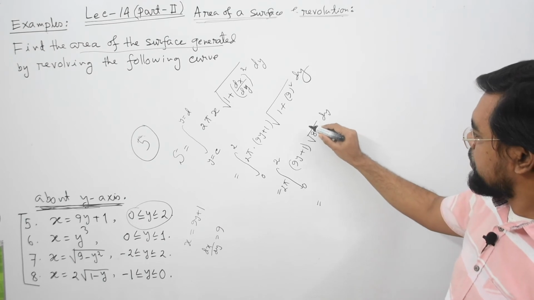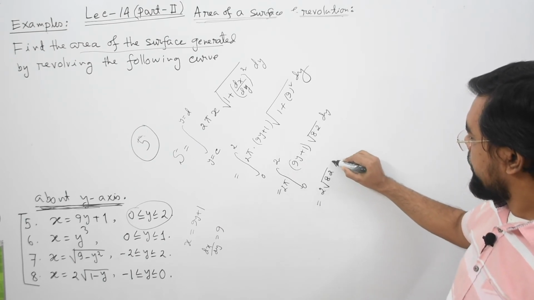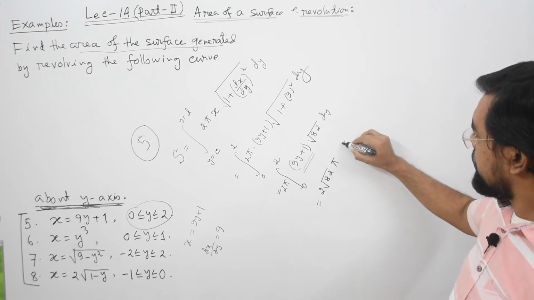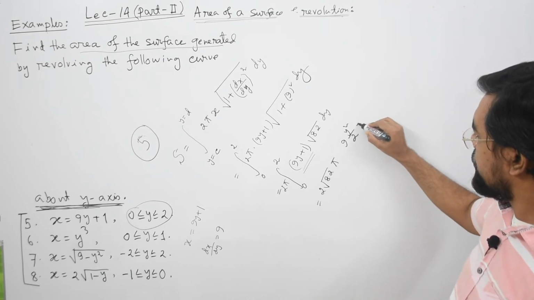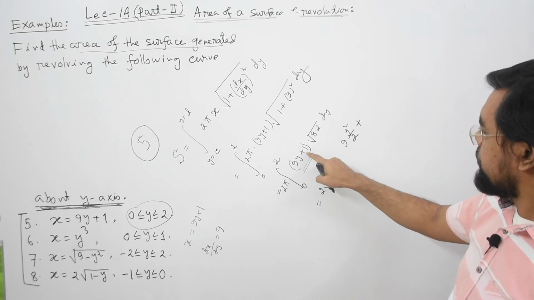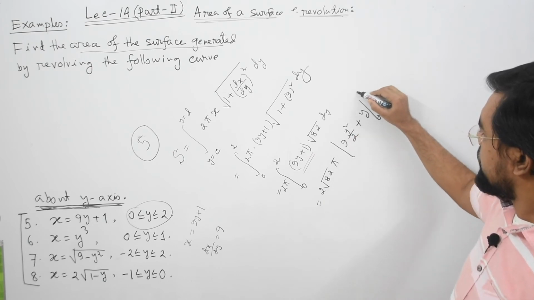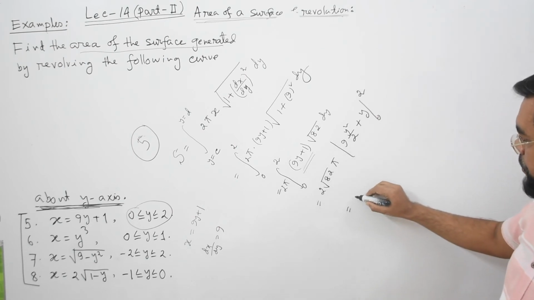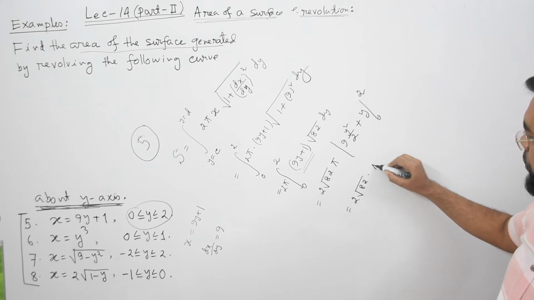So I can also take this one out of the integration, 2 root 82 pi, and the integration of 9y equals 9y square by 2, and the integration of 1 equals y. This is our limit 0 to 2, which is equal to root 82 into pi.